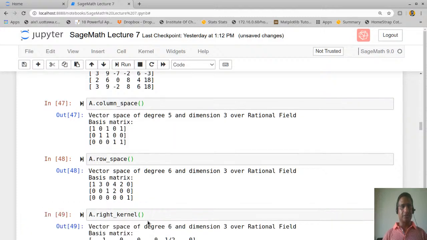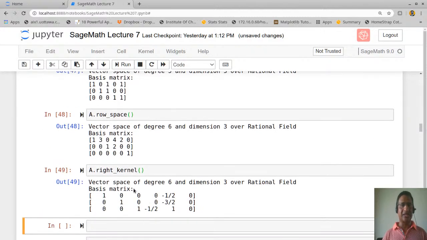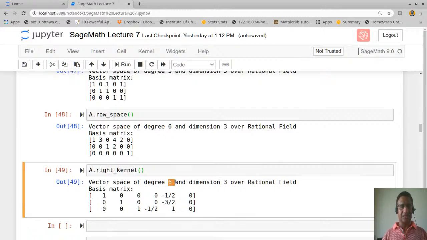This is again a subspace of dimension 3. It is a subspace of R6, in this case Q6, because we have defined the matrix over Q, the rationals. So it is a subspace of Q6 and of dimension 3. The dimension of the image space is 3, so 3 plus 3 is 6, which is the dimension of the domain. That also verifies the rank nullity theorem.